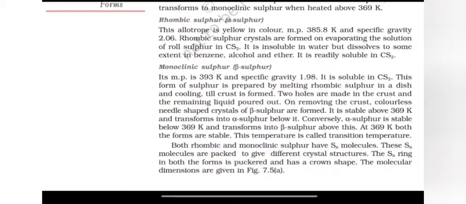On removing the crust, colorless needle-shaped crystals of beta sulfur are formed. It is stable above 369 Kelvin and transforms into alpha sulfur below it. Conversely, alpha sulfur is stable below 369 Kelvin and transforms into beta sulfur above this. At 369 Kelvin, both the forms are stable. This temperature is called the transition temperature.